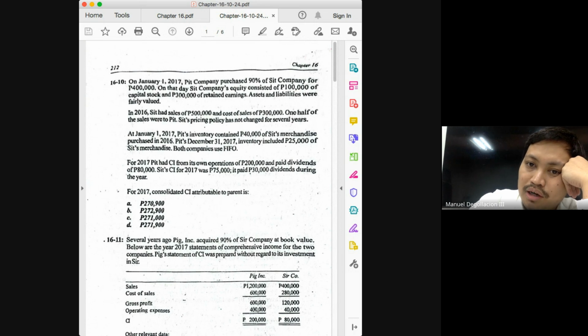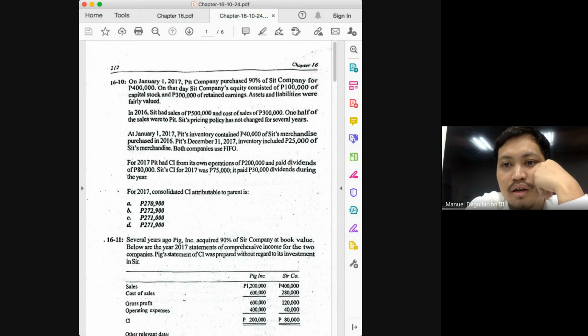Just to be sure, class, you check, do we have any excess to amortize in this problem? Go back to the very beginning. Peat Company purchased 90% of SIT for 400,000. On that day, SIT Company's equity consisted of 100,000 of capital stock and 300,000 of retained earnings. Assets and liabilities were fairly valued.